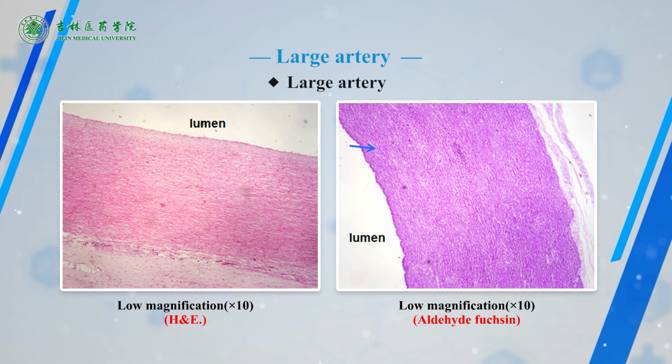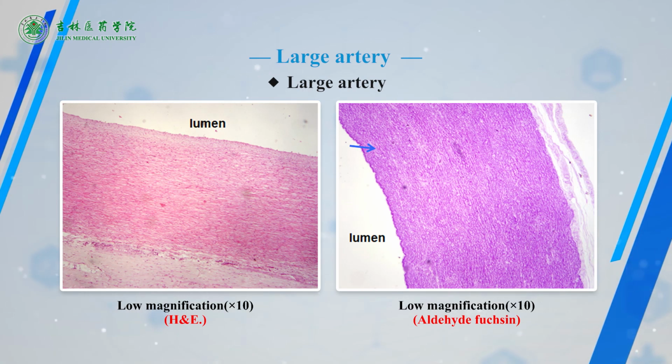About two-thirds of the entire thickness is formed by several dozens of layers of strongly refractive, purple-stained elastic membranes, as in the micrograph on the right with special staining. Between them, there are some smooth muscle, elastic, and collagen fibers.